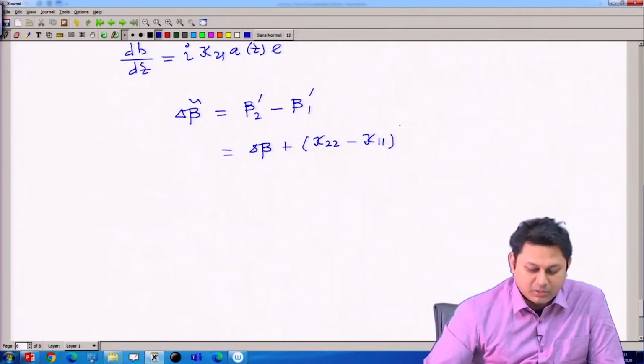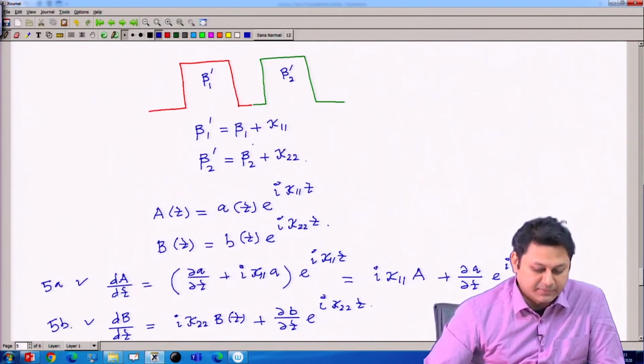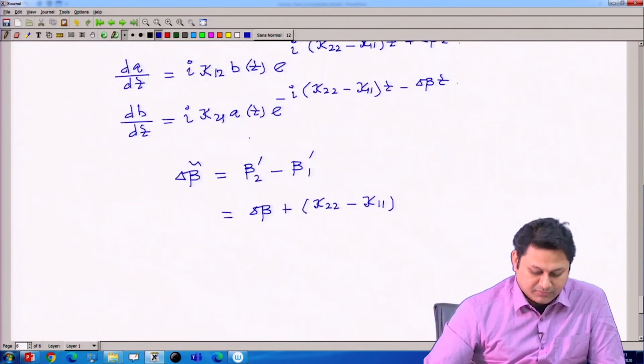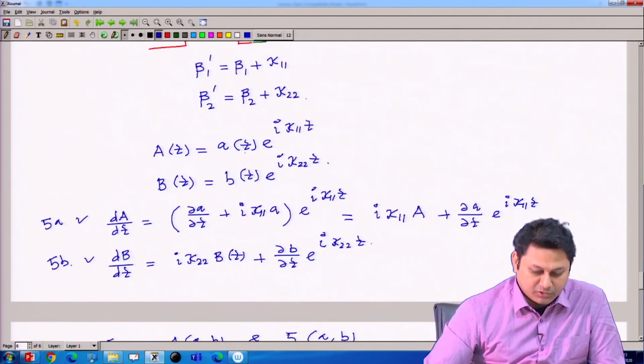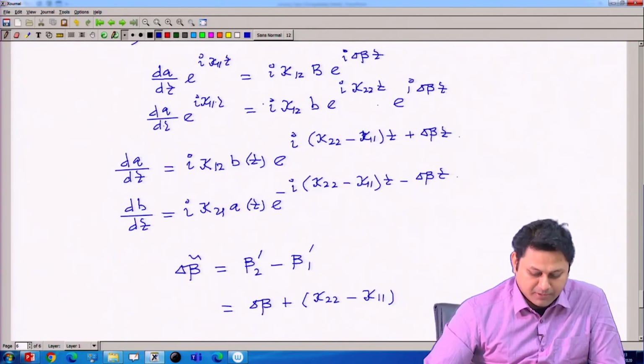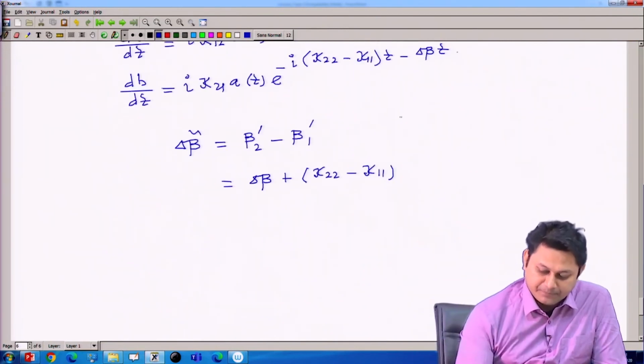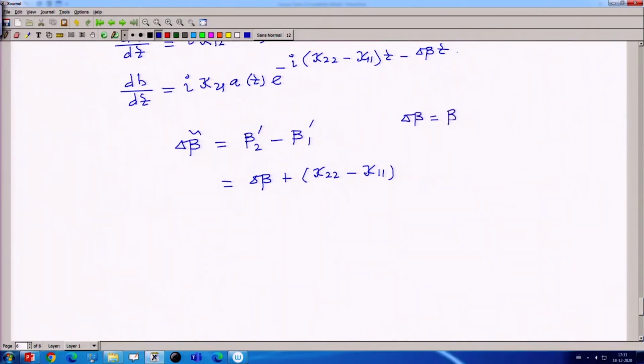Beta 2 prime and beta 1 prime I have already defined here, and if you put, you can find that beta 2 prime minus beta 1 prime is delta beta, because delta beta was initially defined as beta 2 minus beta 1.